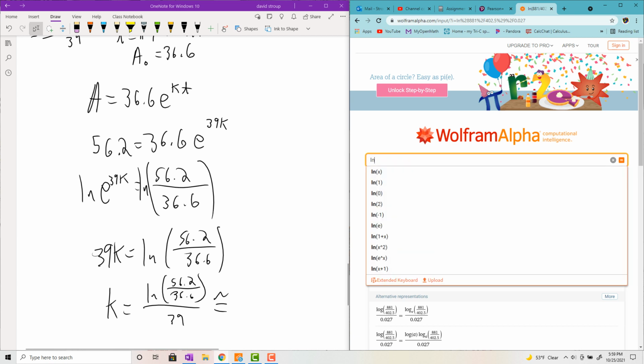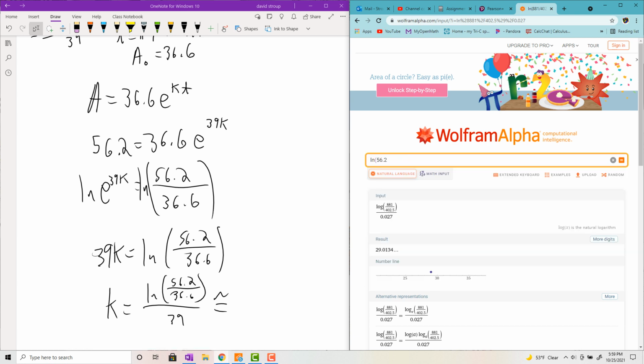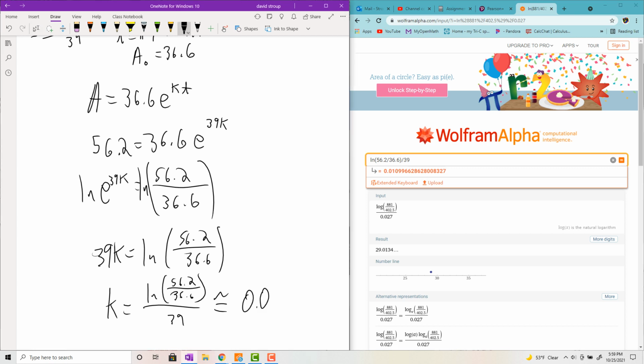So ln of 56.2 divided by 36.6, divided by 39. They want 4 decimals, so this will be 0.0123, and of course that 4 is a 9, and then they got another 9 there, so you're adding 1 to this position.